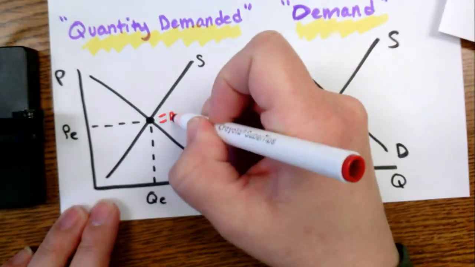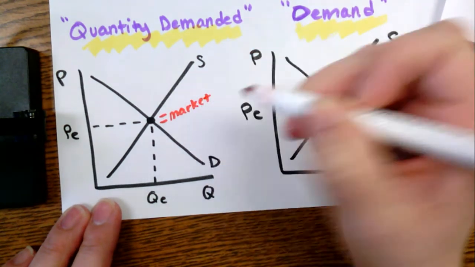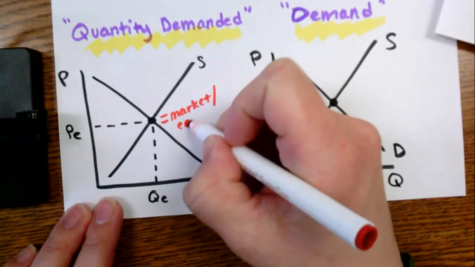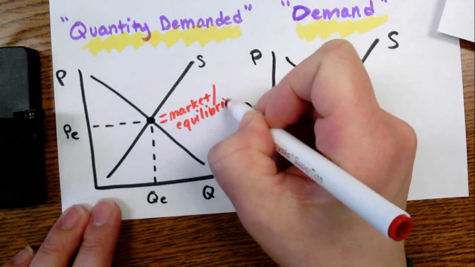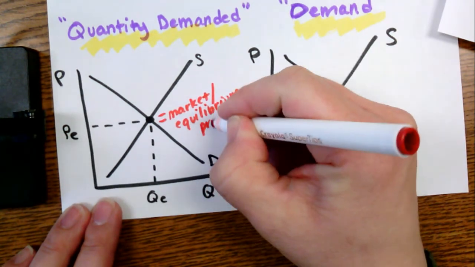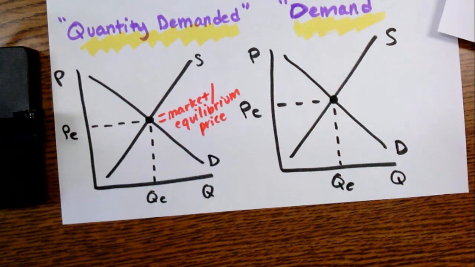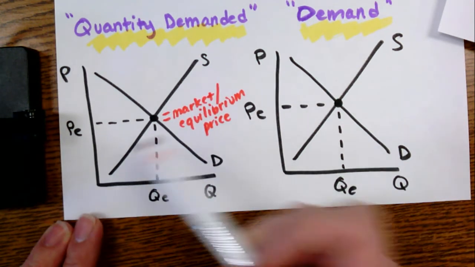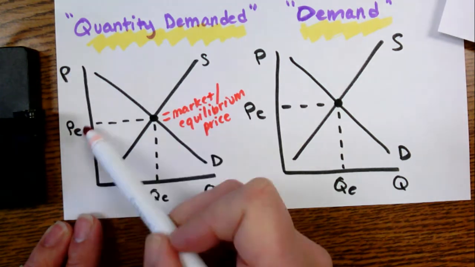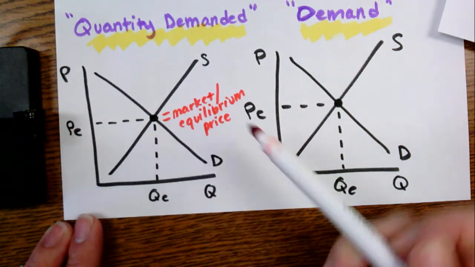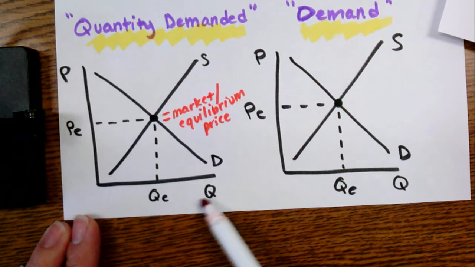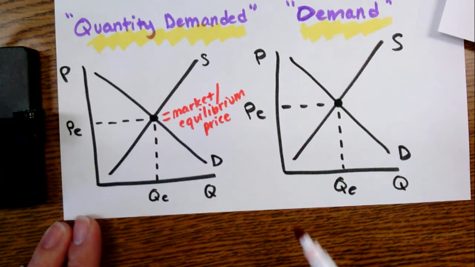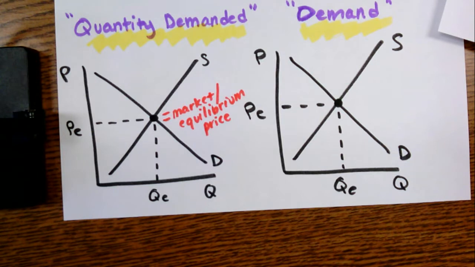It could be called the market price, or it can be called the equilibrium price. We're going to say equilibrium price most often in our class, but don't forget that market price is something that it's called. So to indicate that on the graph, I'm going to do a capital P because it's price, and I'm going to put the equilibrium. I'm going to do a capital Q for the quantity, and we're going to call that QE. So we're using little subscripts.